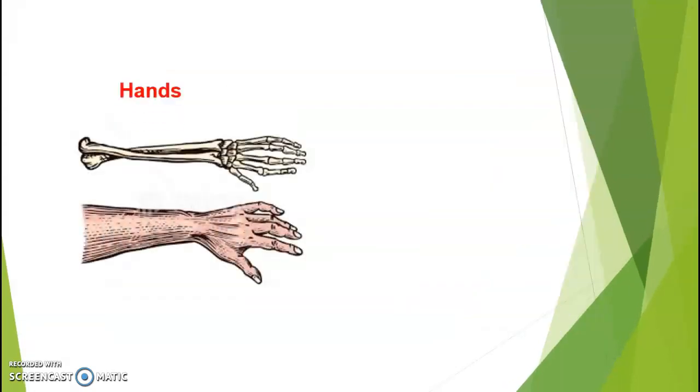A hand is a prehensile, multi-fingered appendage located at the end of the forearm or forelimb of primates, such as humans, chimpanzees, monkeys, or lemurs.